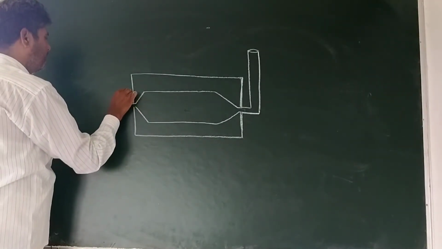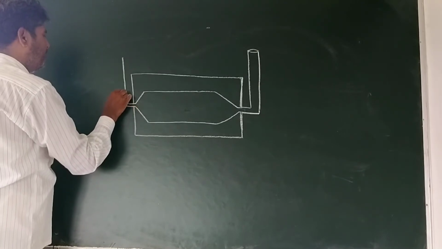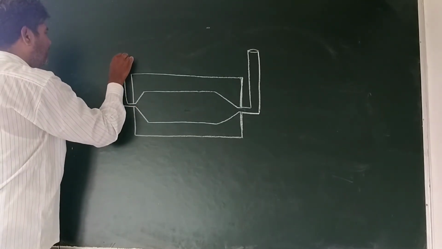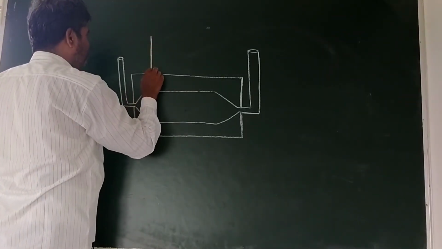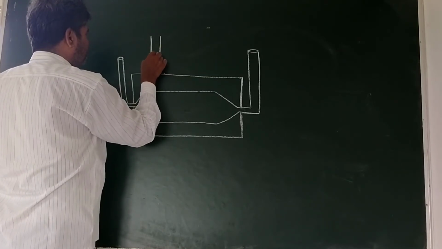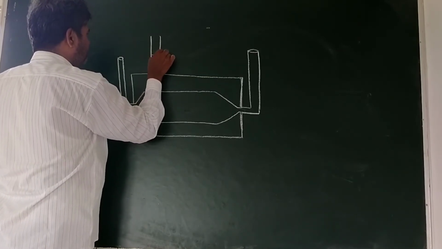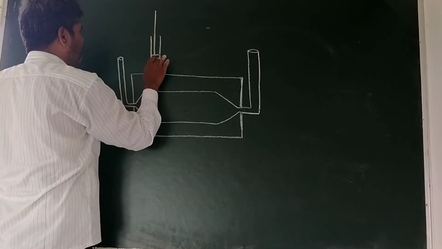To see the level, a transparent glass tube is fitted on this side. Here, a manometer is attached. This is the piston.